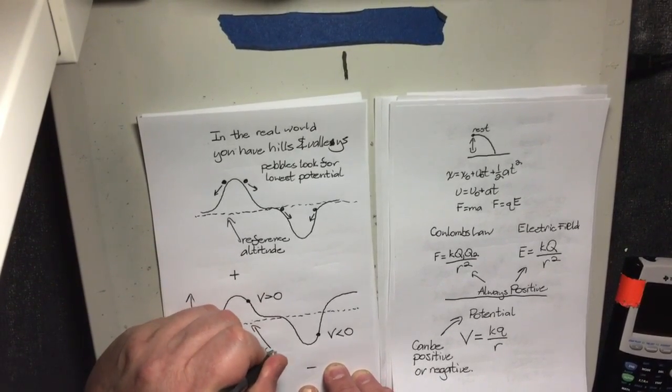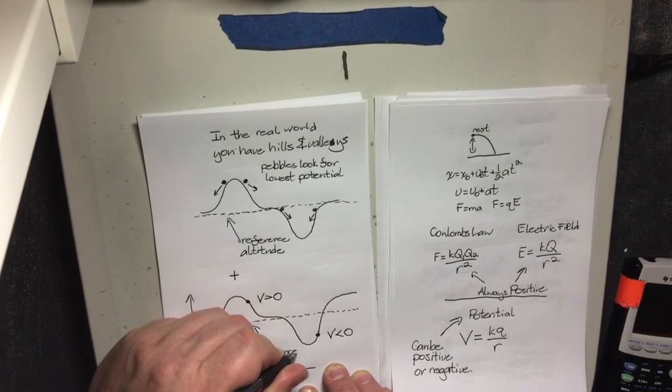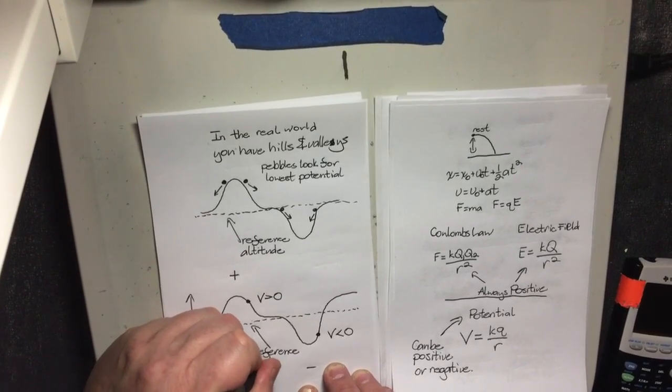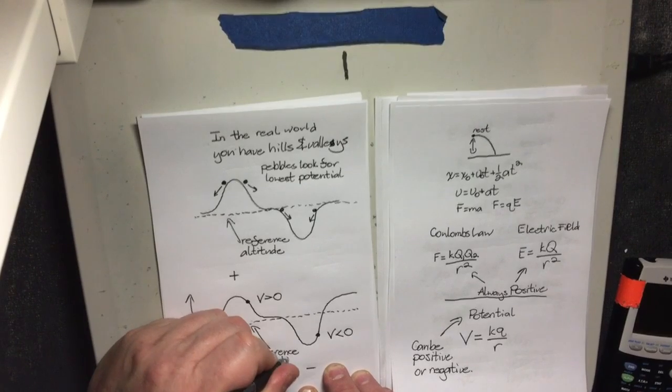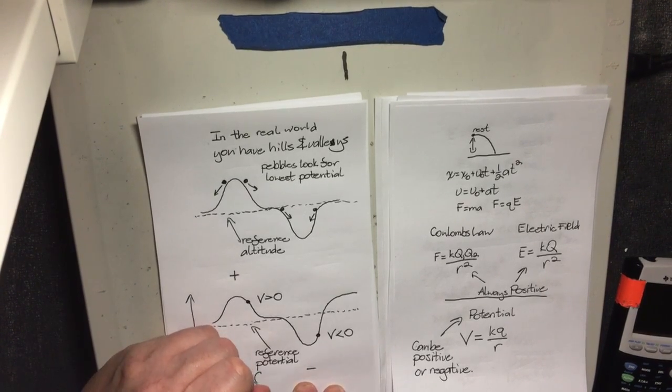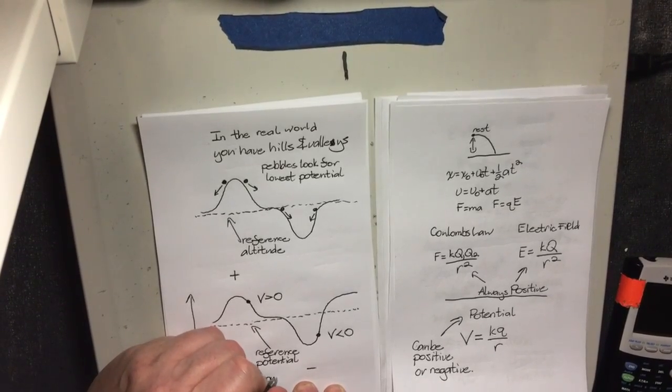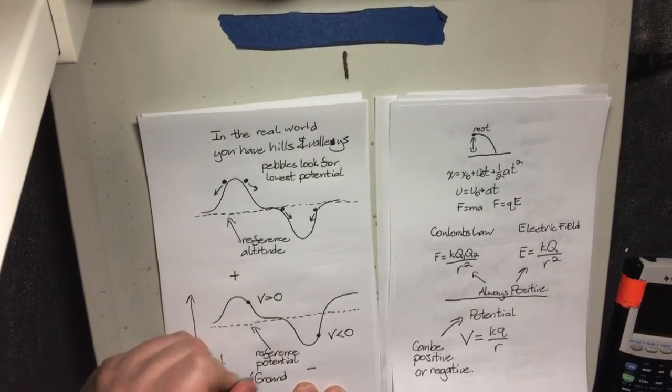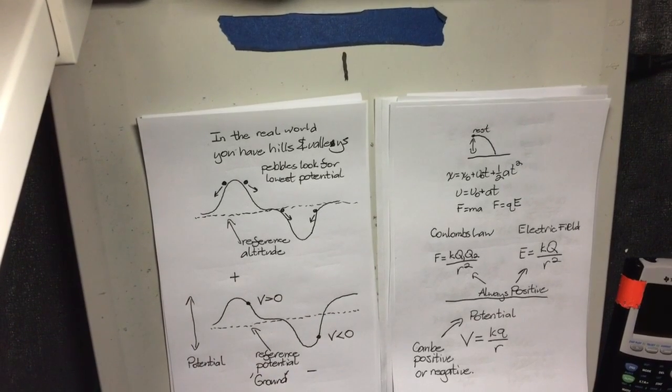you also need to come up with a reference potential, and we need to introduce a new word. This reference potential, just as we say sea level is the reference potential for altitude, ground is the reference potential for the quantity of potential.